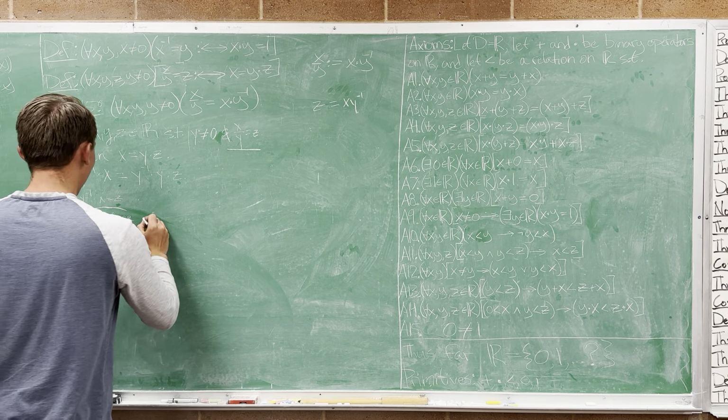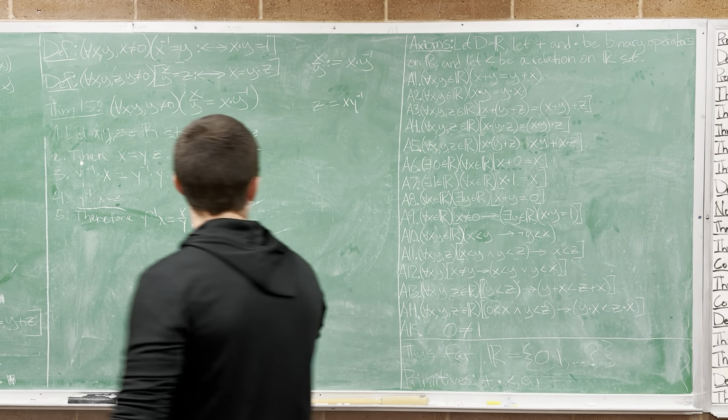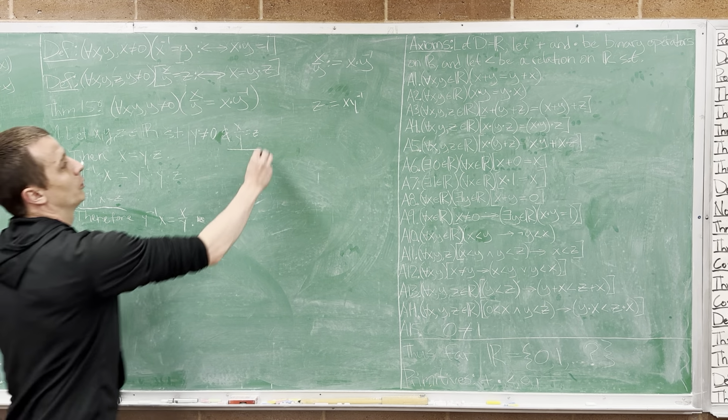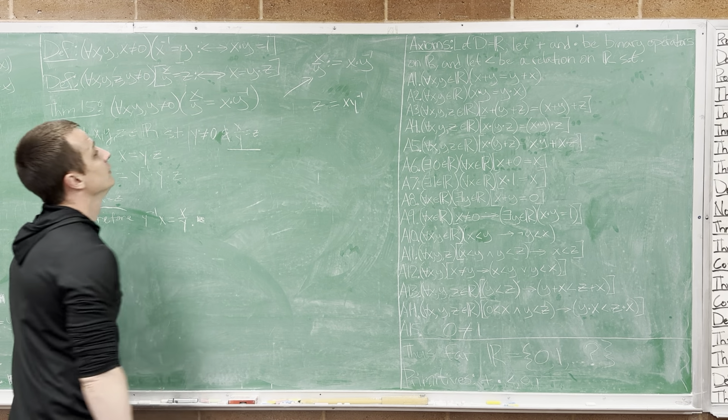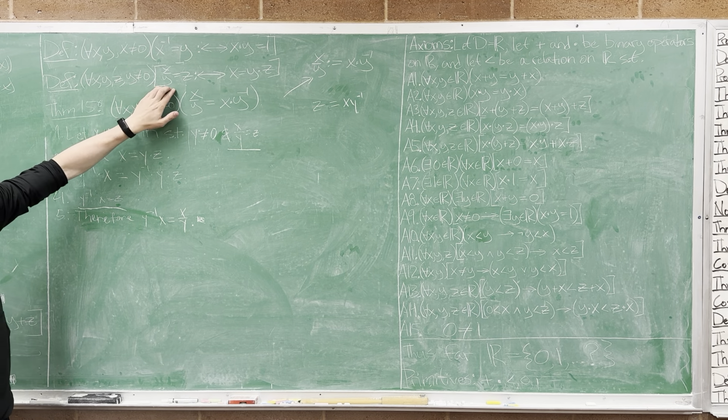Okay. So then y inverse times x is equal to x divided by y, or x divided by y is equal to x times y inverse. And so this is a far more common way to define division than the way the author has here.